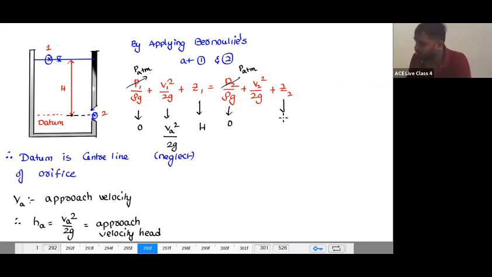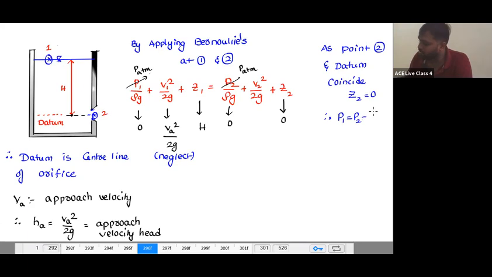And what is J2? J2 is also going to be 0 because point 2 and the datum both coincide. As point 2 and datum both coincide, J2 is equal to 0, and P1 is equal to P2 is equal to atmospheric pressure.